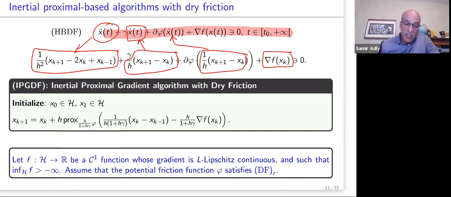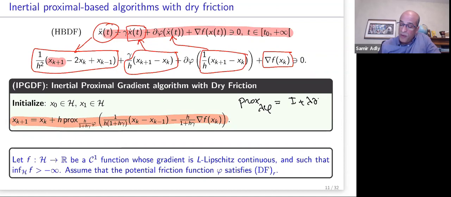Okay, so we are solving for xk plus 1. So in order to get xk plus 1, we got this equation with the prox of the function phi. I have to recall some background from convex analysis. The prox of lambda phi is exactly the inverse of the identity plus lambda times the subdifferential of phi.